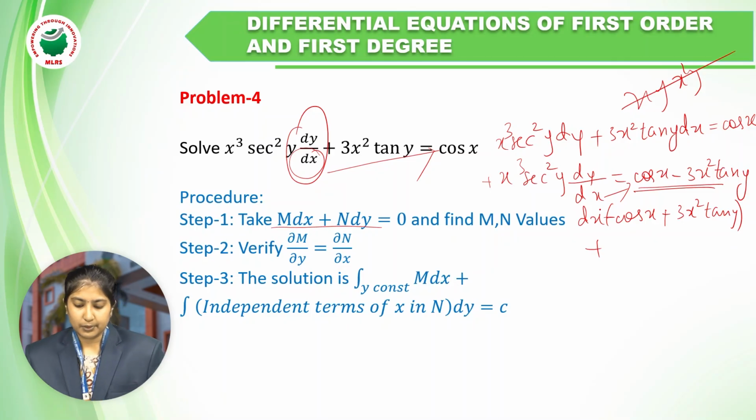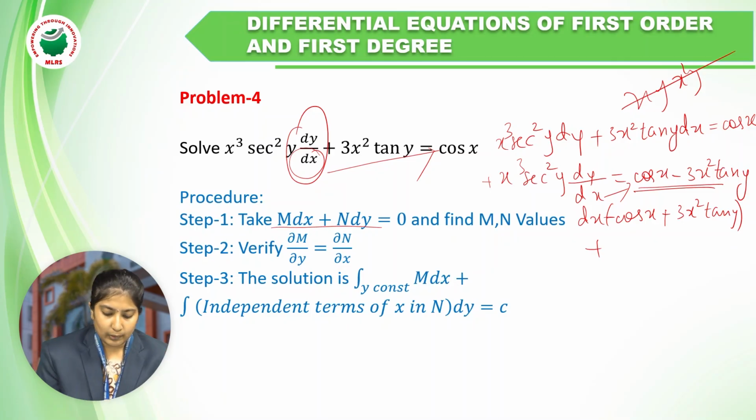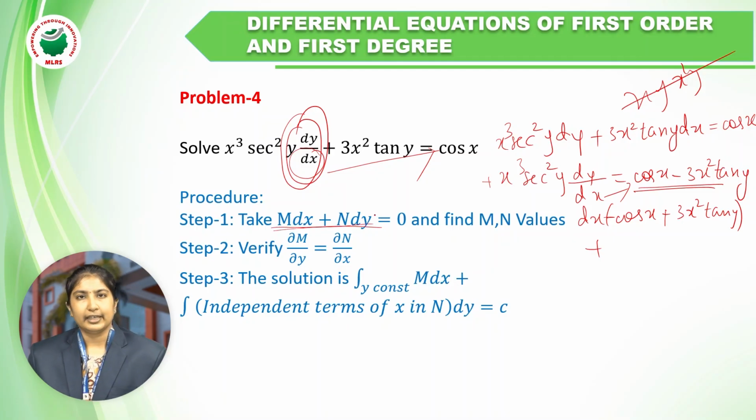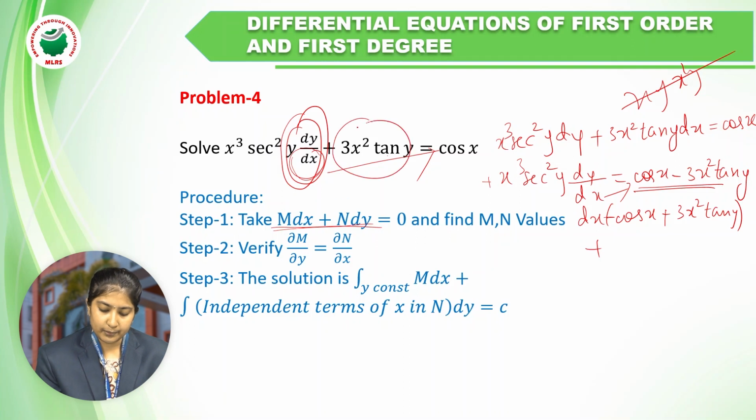I hope you have understood what I have done just now. See, in order to get the equation in terms of M dx plus N dy, any manipulation is allowed, provided you don't change the terminology of the given equation. You either multiply this directly with this, but you are not getting dy and dx terminology. Hence, the alternate is that you send this term to this side, or else you take this term to here.